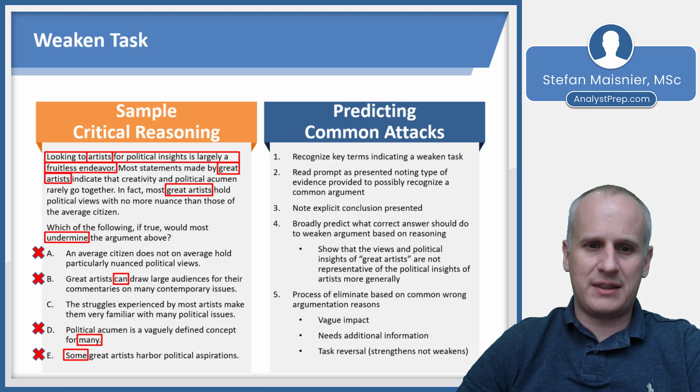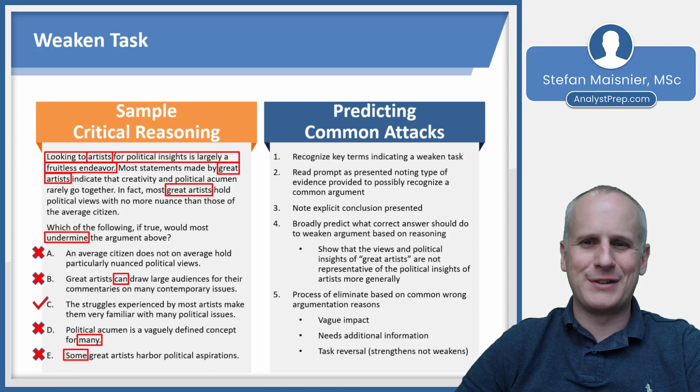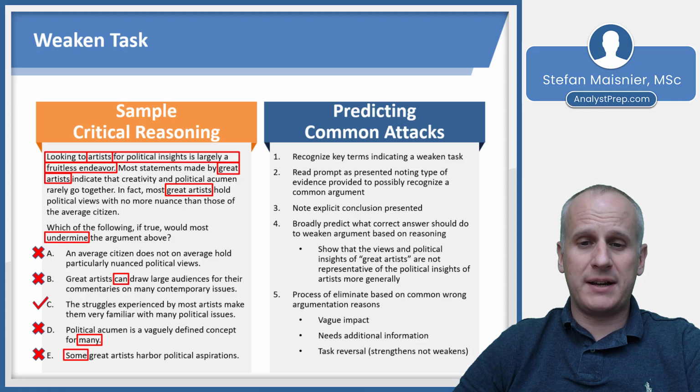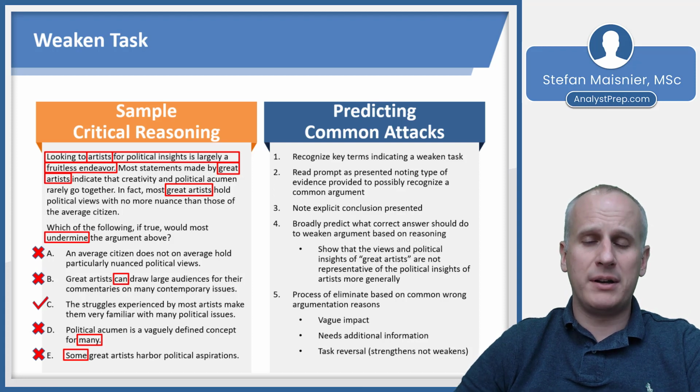Well, that shows that they'd have some political thoughts and potentially have more political insights, thereby weakening the conclusion of the argument, and we'd select choice C as our correct answer, understanding that by expediting the process with a common argument, you'll be able to not only go a little bit more quickly, but you'll hopefully be a little bit more accurate as well.